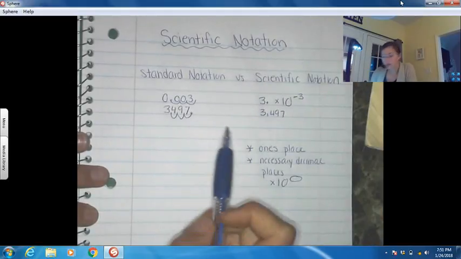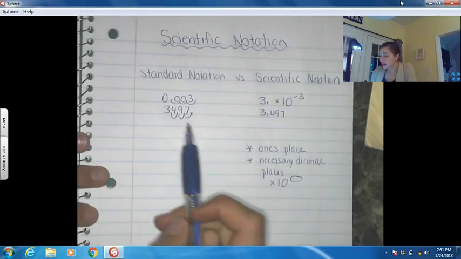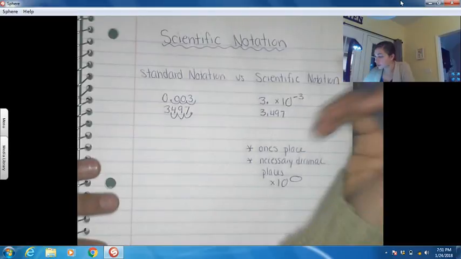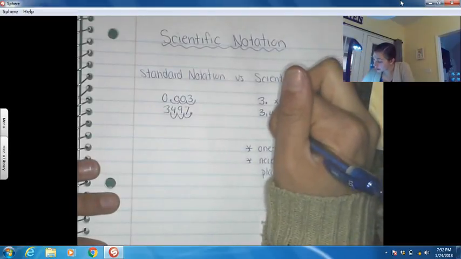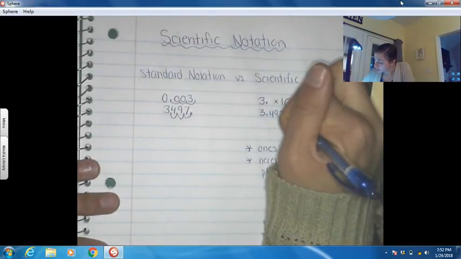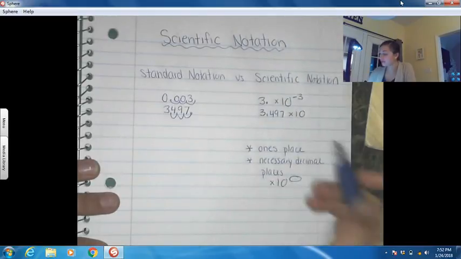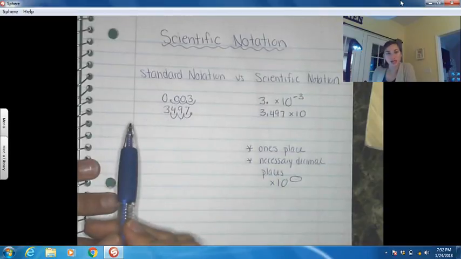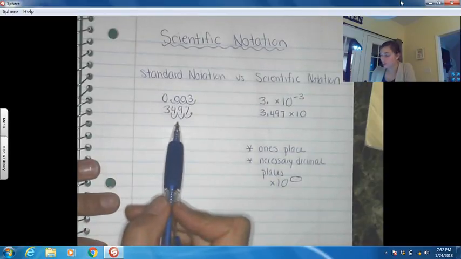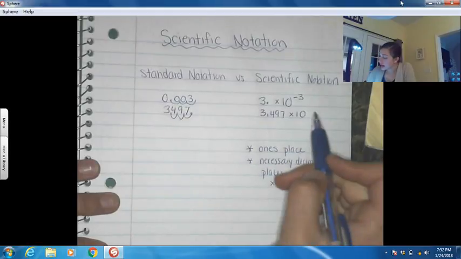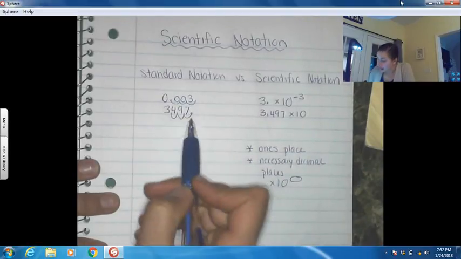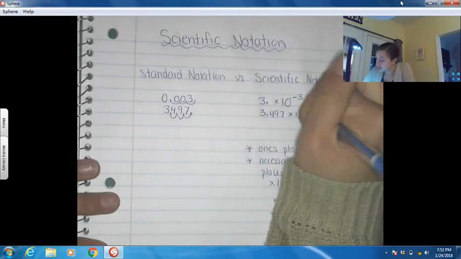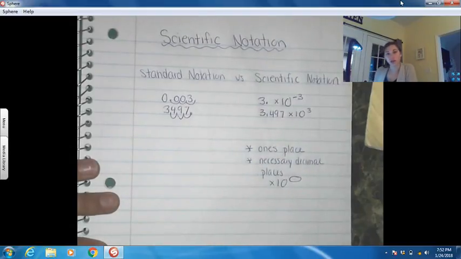We can't just get rid of these numbers because they're not zero, so they do matter. Again we need a times 10, and we have to figure out what that exponent is. Because the number in standard notation is bigger than 1, the exponent has to be positive. And we move the decimal place 1, 2, 3 spots, so it's a positive 3.